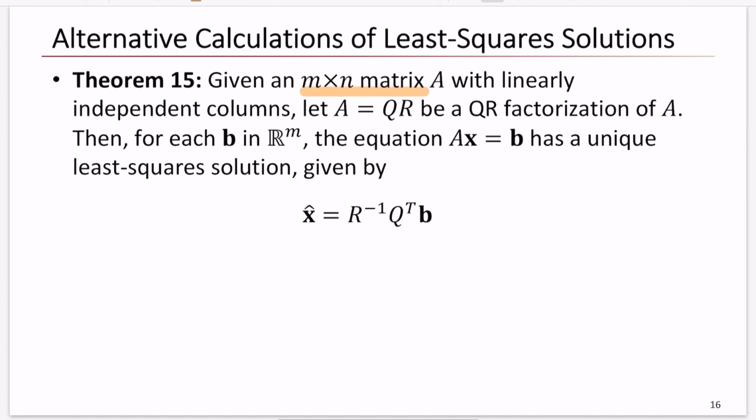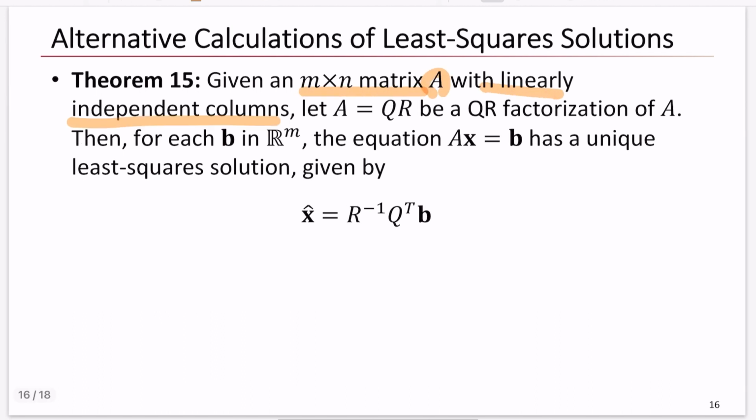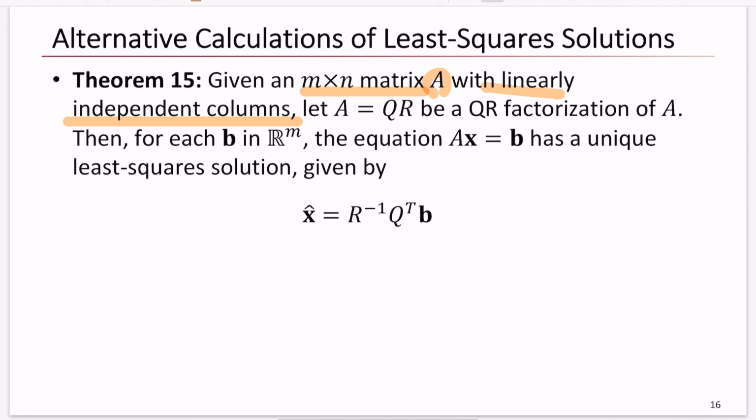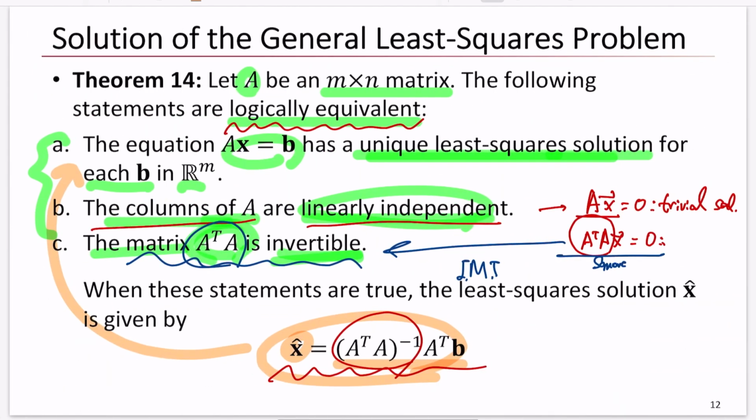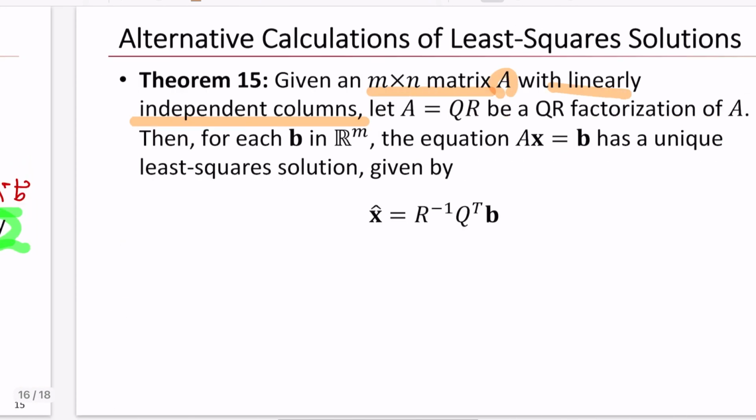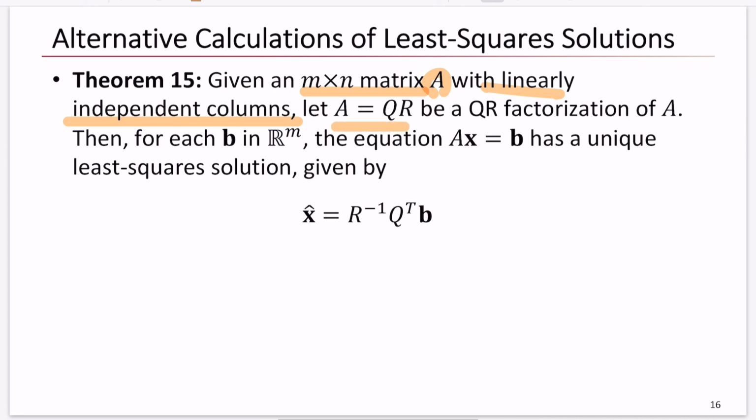So given an m by n matrix A with linearly independent columns, it always has a unique least square solution. Why? Linearly independent columns induce the unique least square solution for Ax equals b. So in this case, A can be factorized into QR because A has linearly independent columns.